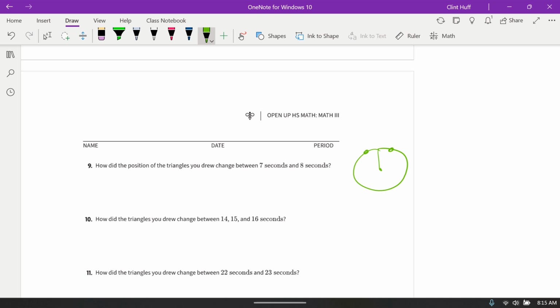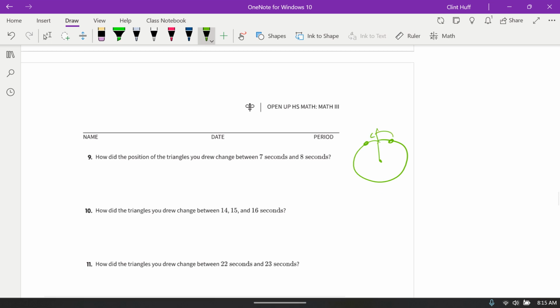Same height off the ground there. They're just reflections over what would be the y-axis. 14, 15, and 16 seconds would actually be the triangles. Like in this case, this triangle shows up over here like that. So it's reflected over what would be the y-axis, I guess.